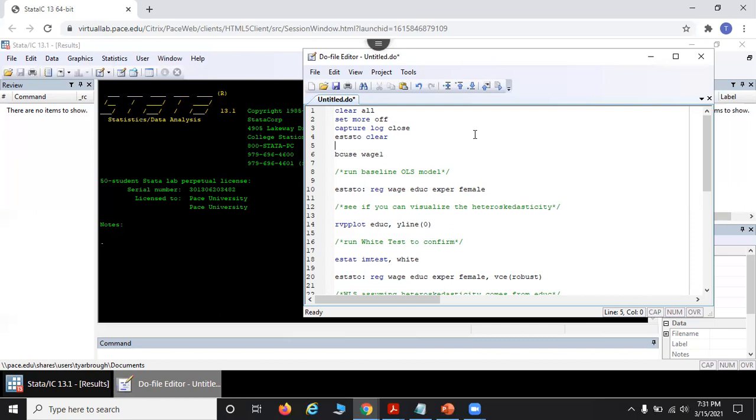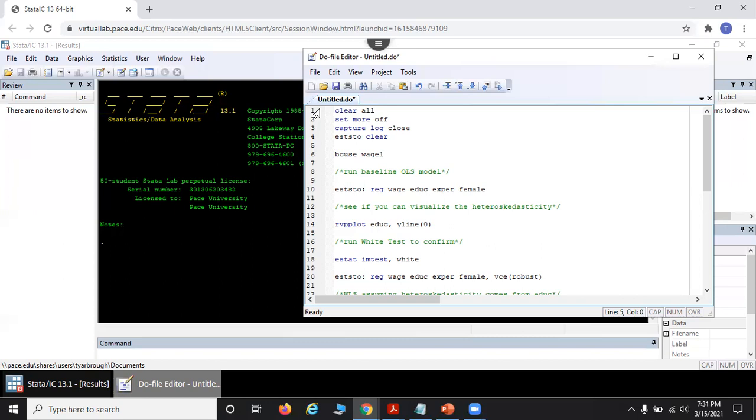In my do file here, I am going to be using the wage one data that is found on the Boston College website, data that we have used routinely throughout the semester.